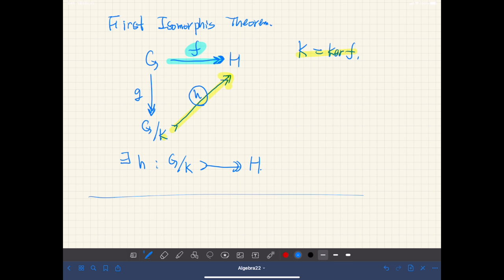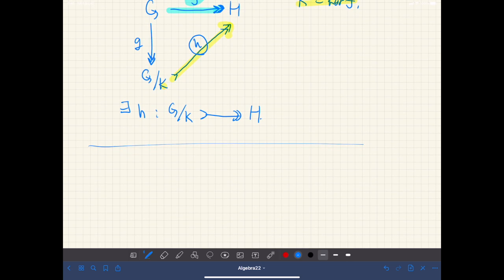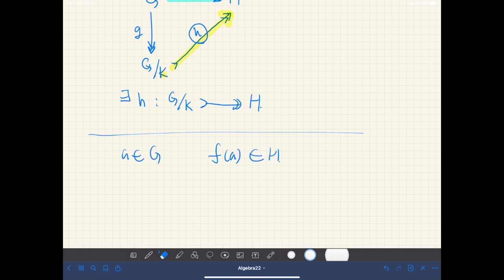First let's define this as the following. First of all, for each element A of G, we have f of A, which is an element of H. And every element of G over K, the quotient group of G by K, is a coset of this form, Ka.